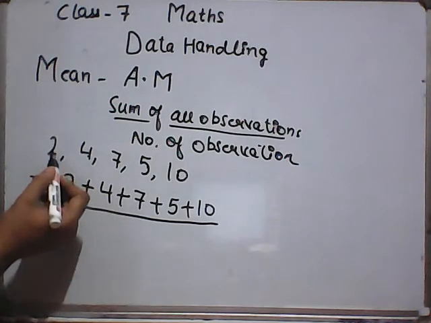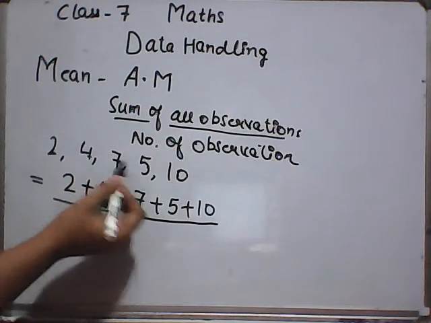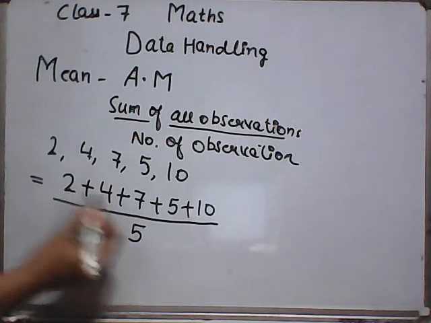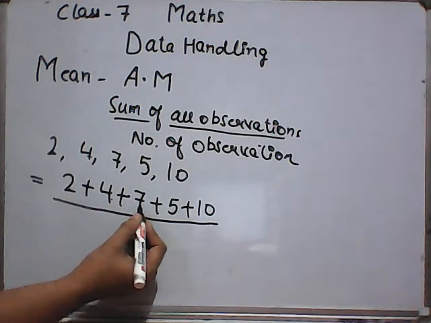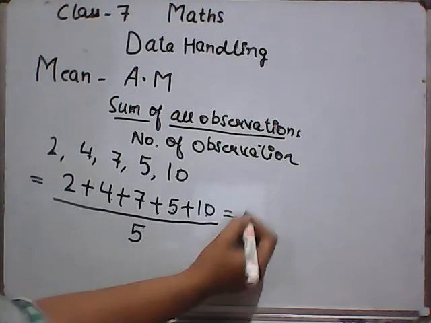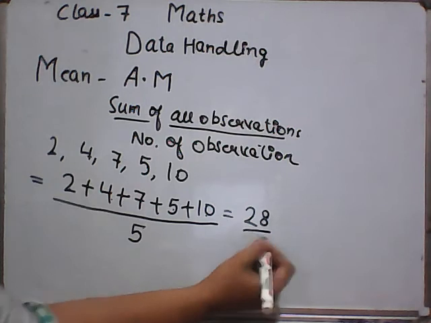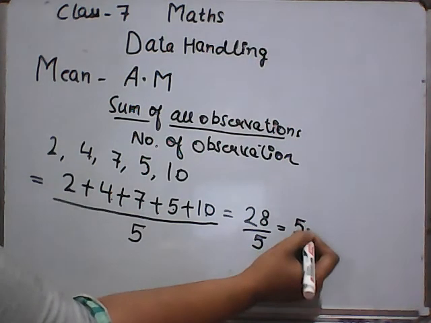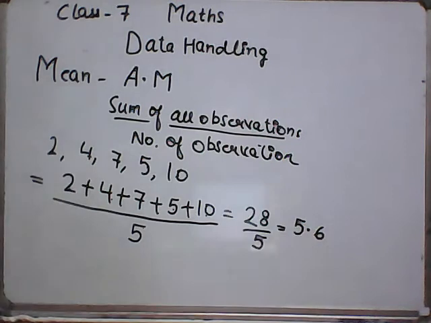How many numbers are there? 1, 2, 3, 4, 5. So number of observations is 5. 2 plus 4, 6. 6 plus 7, 13. 13 plus 5, 18. 18 plus 10, 28. 28 divided by 5 is 5.6. Now 5.6 is the mean of this data.